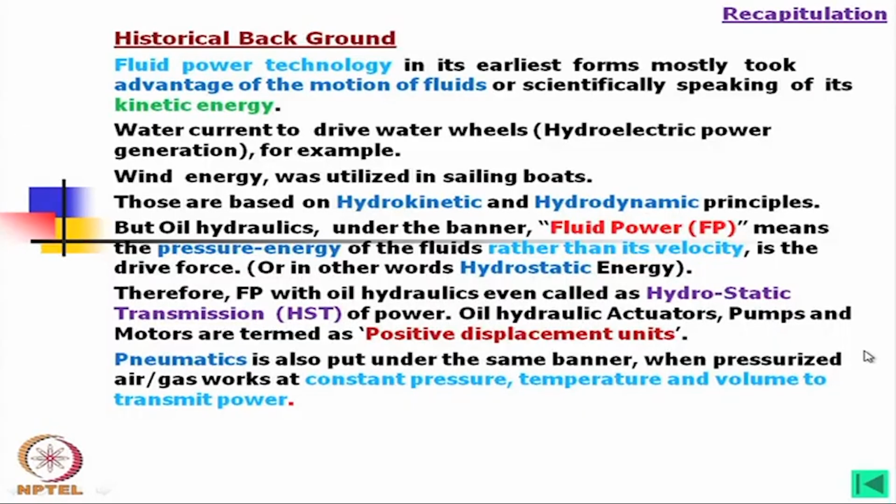And of course, the applications are different. Normally, pneumatics are used for light load, and it has the advantage that air is available in plenty. So, there may be a general pneumatic storage system from where we can use this air.